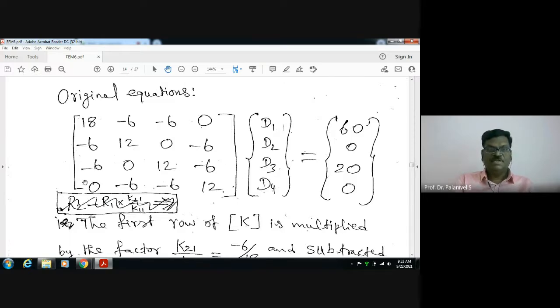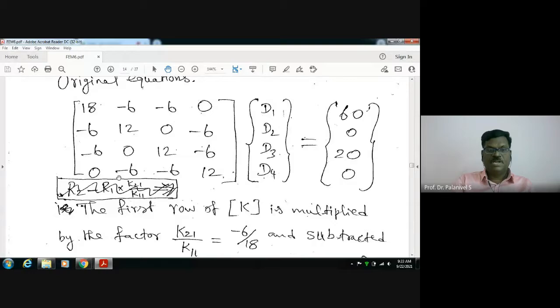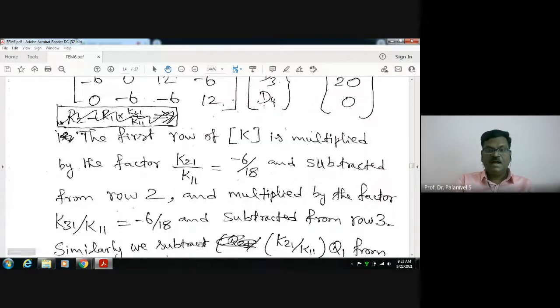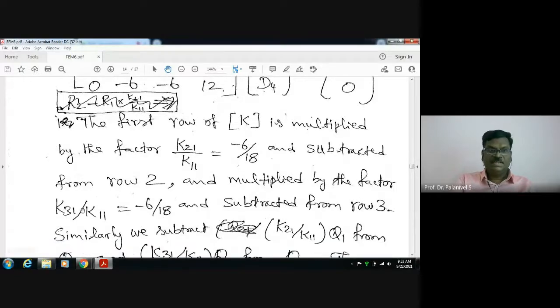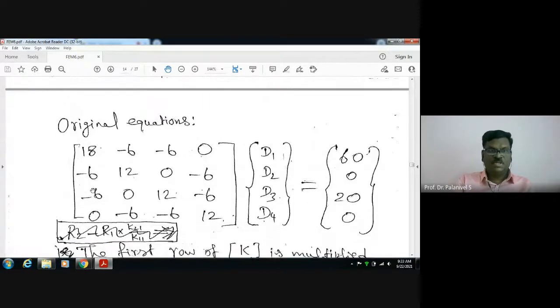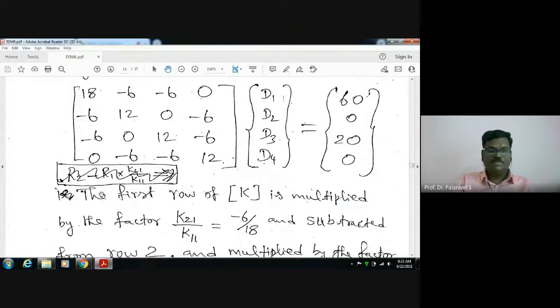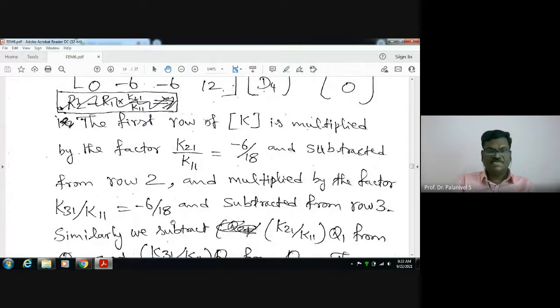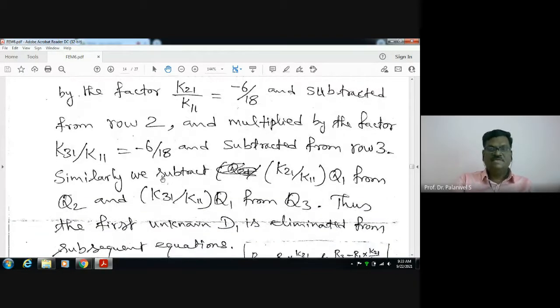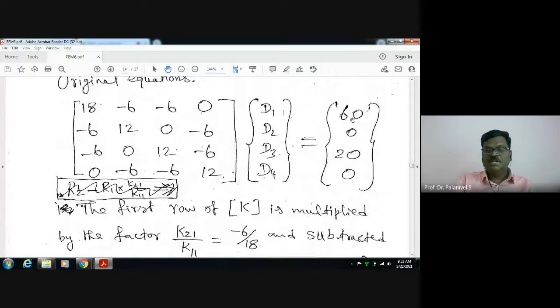If I do it here I will get 0. That's what I told you: K31 by K11 equal to minus 6 by 18, subtracted from row 3. Similarly, on the right side, K21 by K11 is multiplied with Q1 and subtracted from Q2.